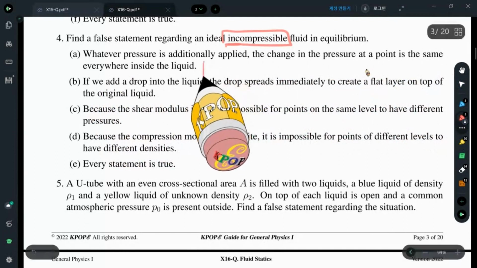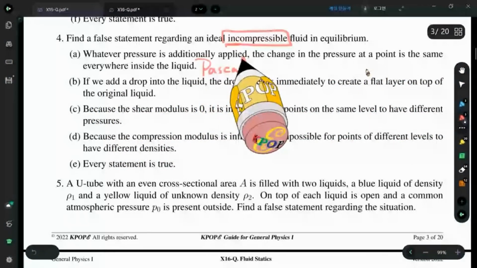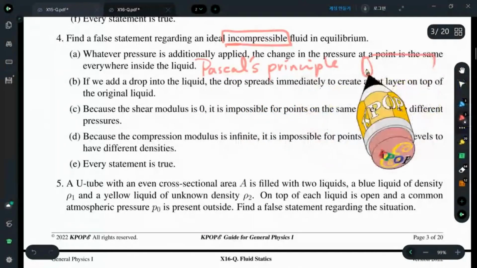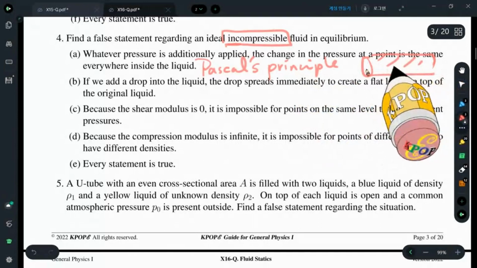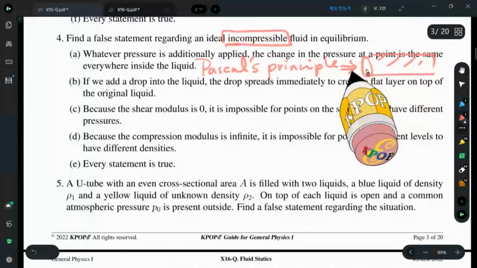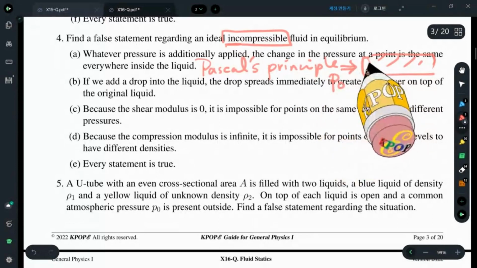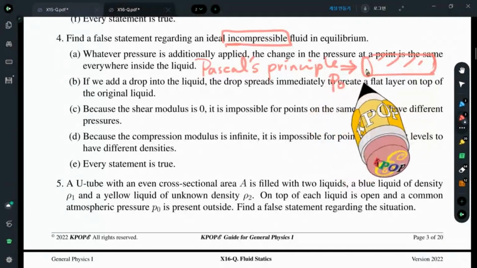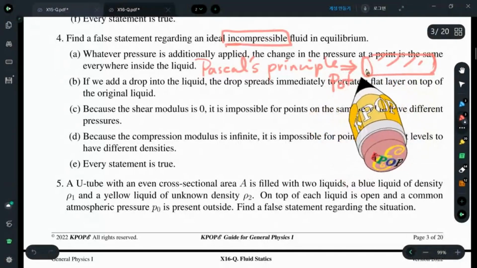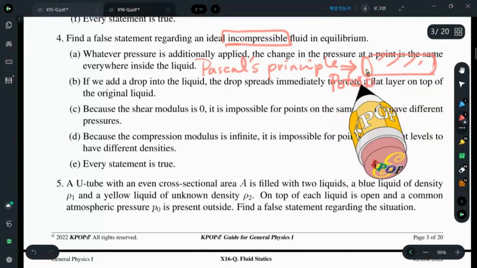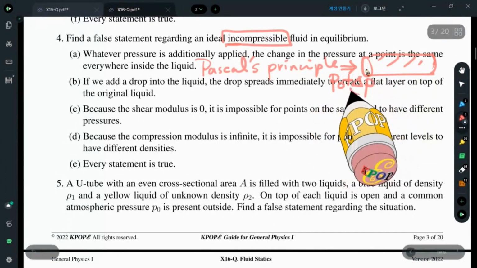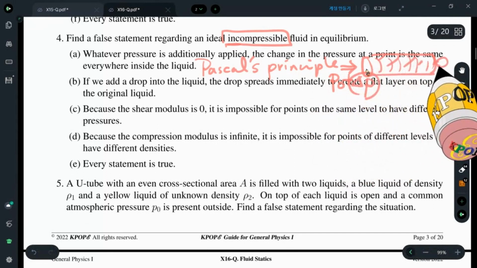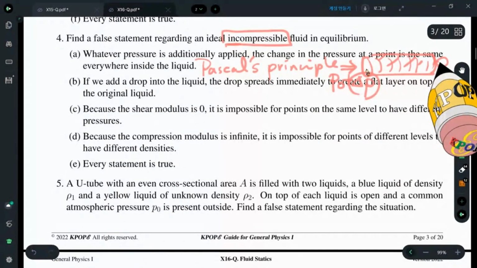This is Pascal's principle. If there is a container and there is an incompressible liquid, initially there is an atmospheric pressure, for example, from outside, and if I add additional pressure, then this delta P is immediately transferred to everywhere, including the other side, the other end.